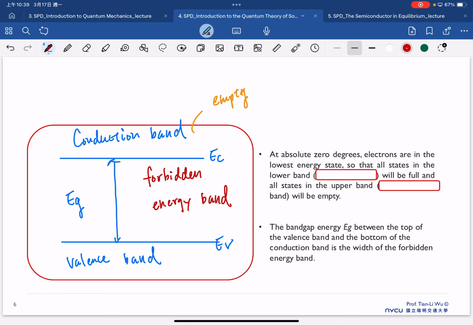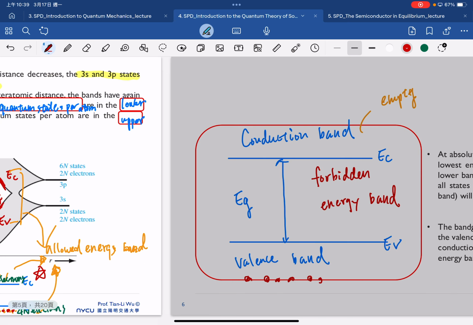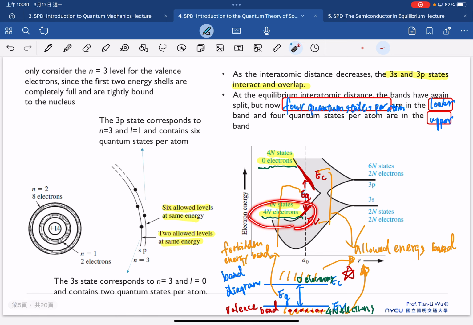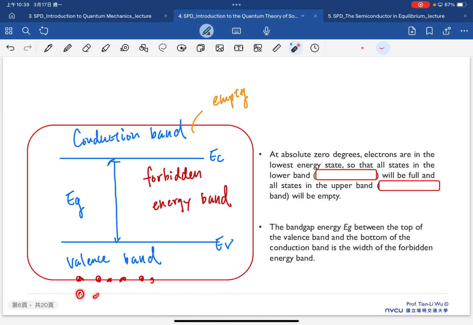And then the bottom one is the valence band. That means this is a place where we have four electrons. So in the case of absolute zero degrees, electrons are in the lowest energy state.